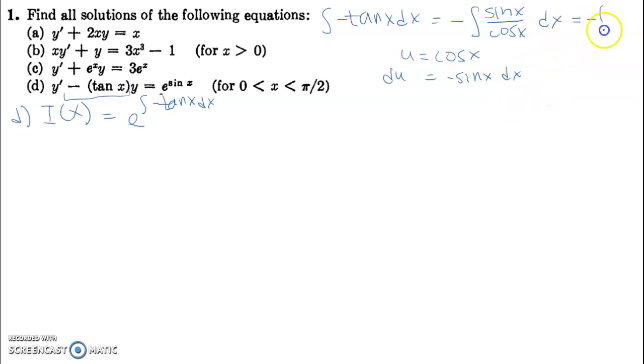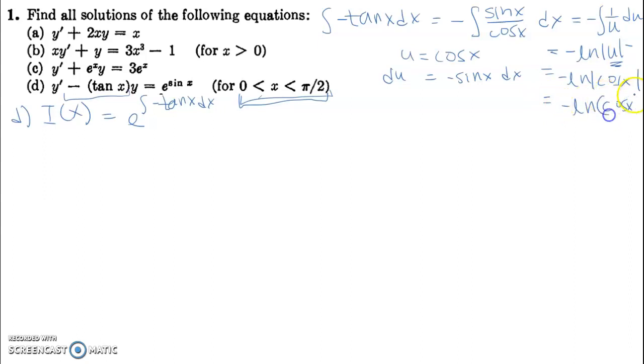So by this, I get 1 over u du. So this is the same thing as negative ln of u, but we know that u takes on this value. For our cosine, let me plug it back in, negative ln of cosine of x. Within this interval, our cosine is always going to be positive, so we know that this is going to be negative ln of just cosine of x.